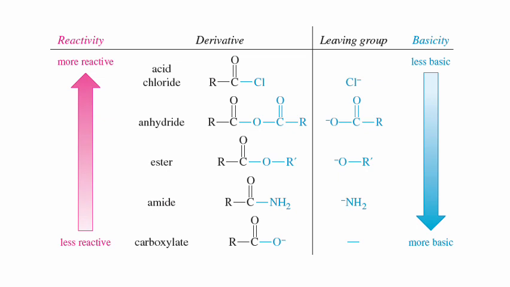And we can see that this trend in reactivity follows the trend in the basicity of their leaving groups. So the acid chloride, after nucleophilic acyl substitution, the leaving group is a chloride ion, which is very stable and not basic at all. With an anhydride, that whole piece that has the carbonyl becomes the leaving group.